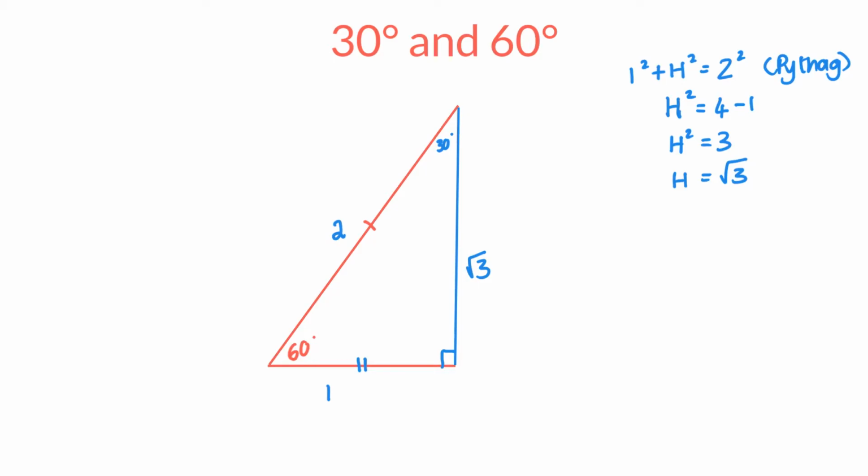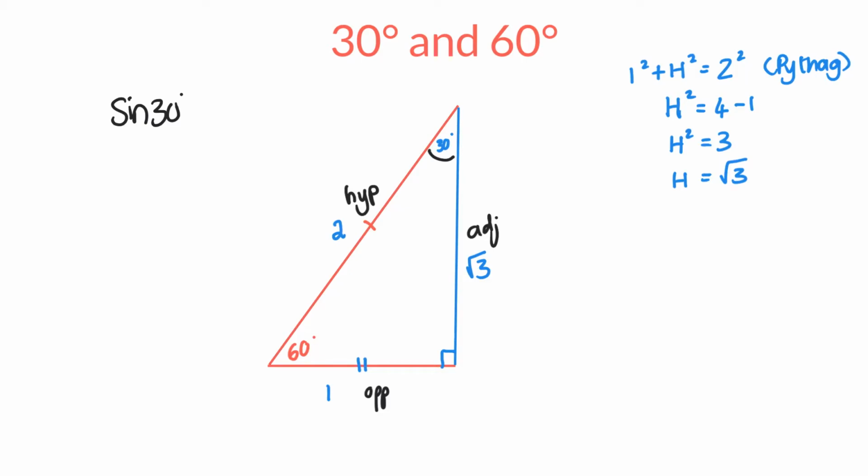Now the triangle that we're interested in is just the right angled triangle, so we can ignore the other half of the equilateral triangle. Let's look at how the ratios come from here. So if I'm looking for sine of 30, there's 30. This will be the opposite, this will be adjacent, and 2 will be the hypotenuse.